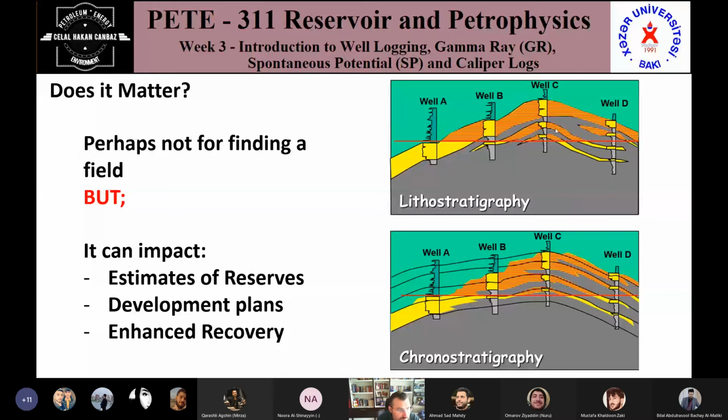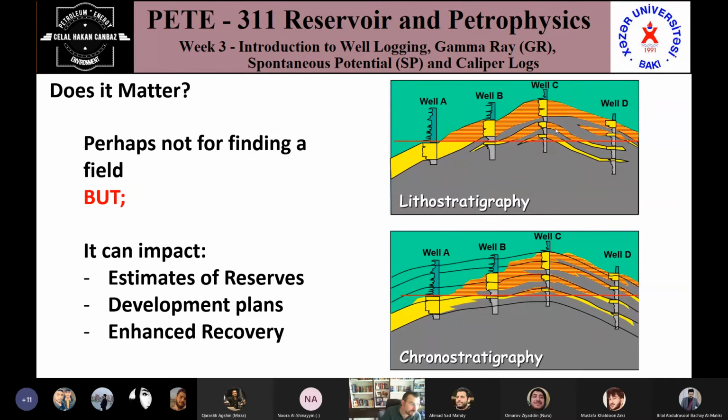Does it matter? Yes, it matters actually. It doesn't matter to find a field, a difference of whether there is a hydrocarbon content or not. It doesn't make any difference.